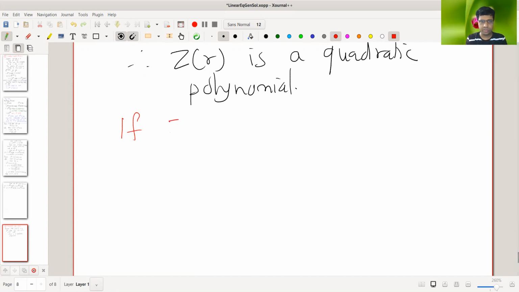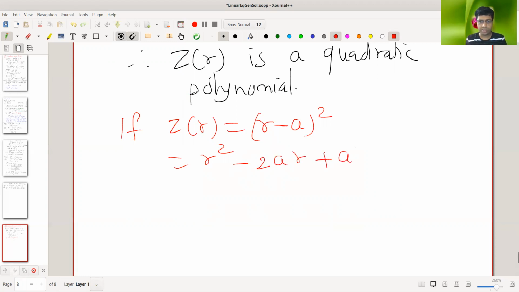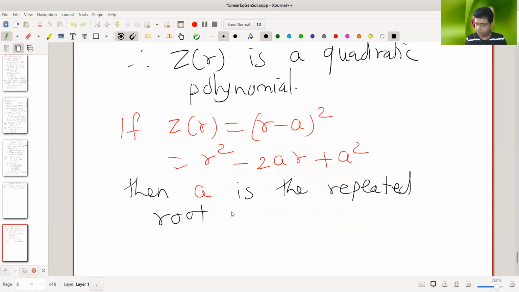If z of r is r minus a bracket square, that is nothing but r square minus 2 times a r plus a square, then a is the repeated root of z of r.